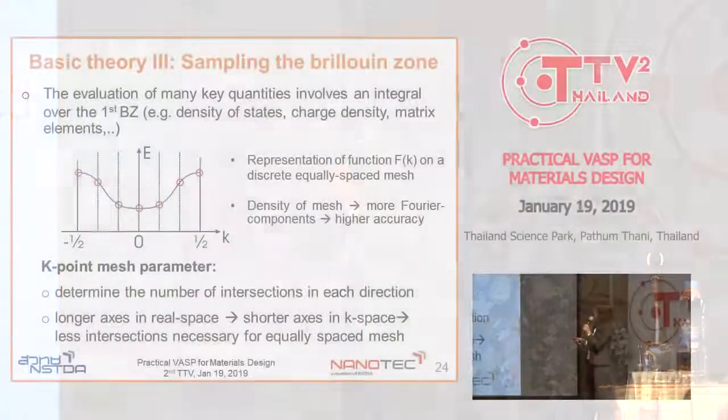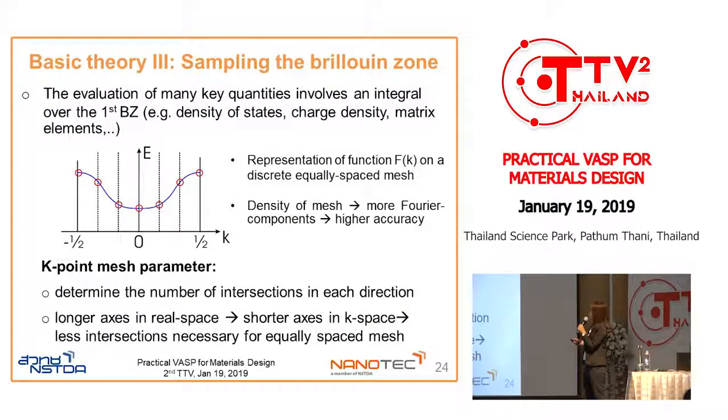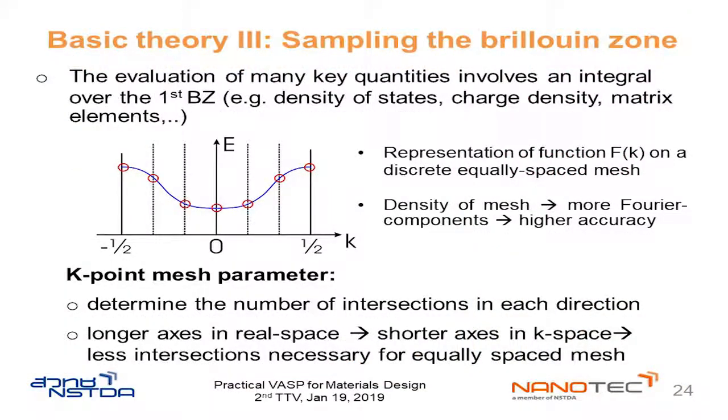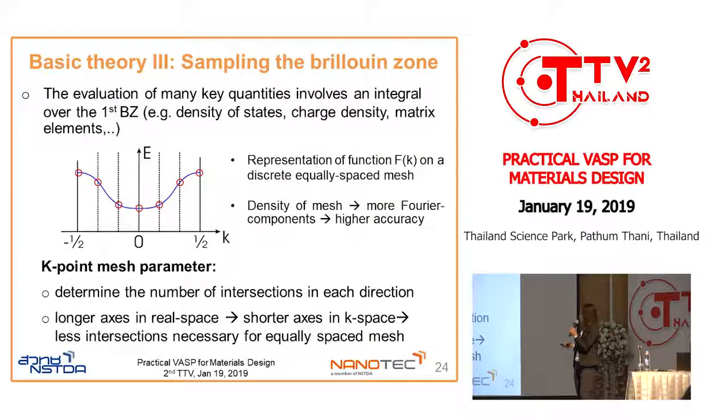And also, you have to look at the relaxation algorithm. Here is an example of the first Brillouin zone sampling. If you have a denser K-point mesh, you get smoother and more realistic properties. But you have to be careful, because if you have a longer size in real space, like I said before, there is a shorter dimension in the K space, the reciprocal space.